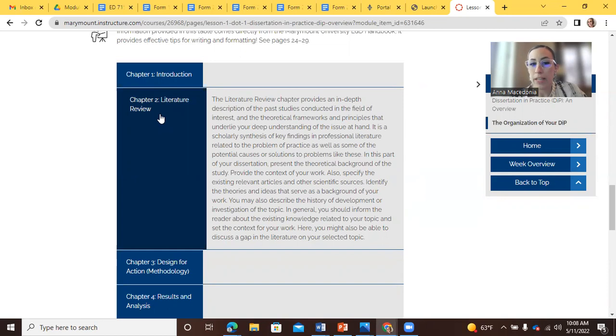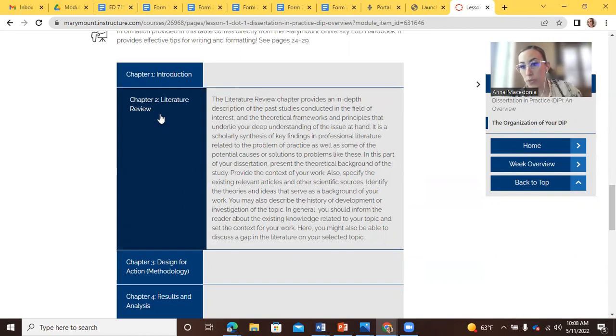This provides an in-depth description, summary, and synthesis of past studies that have been looking at your specific area of interest. Within your literature review, you will be talking about salient themes that you find within the review.